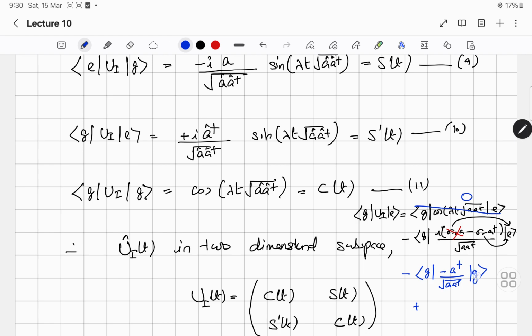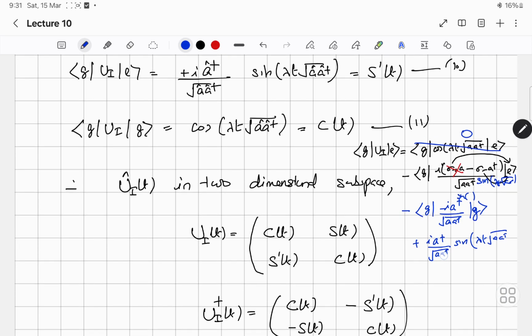And I forgot to write this sine part, so there will be sine of lambda t square root of a dagger a here. There is an i common here, so this will be plus i a dagger divided by square root of a dagger a, sine of lambda t square root of a dagger a. Let that be equation number 10.